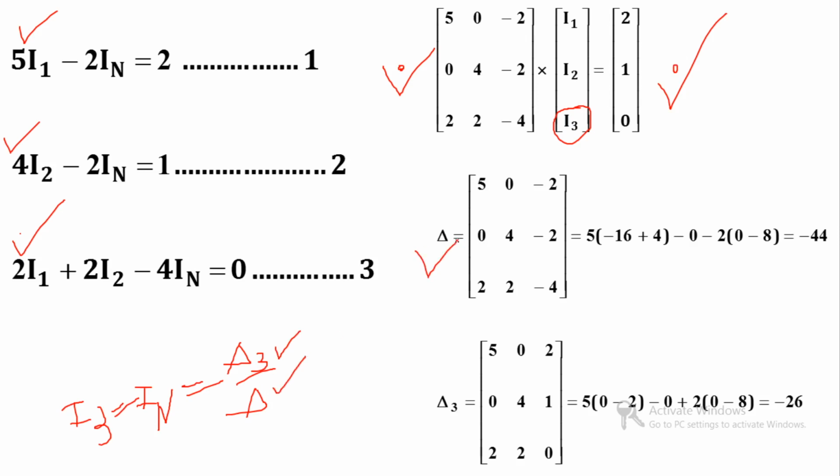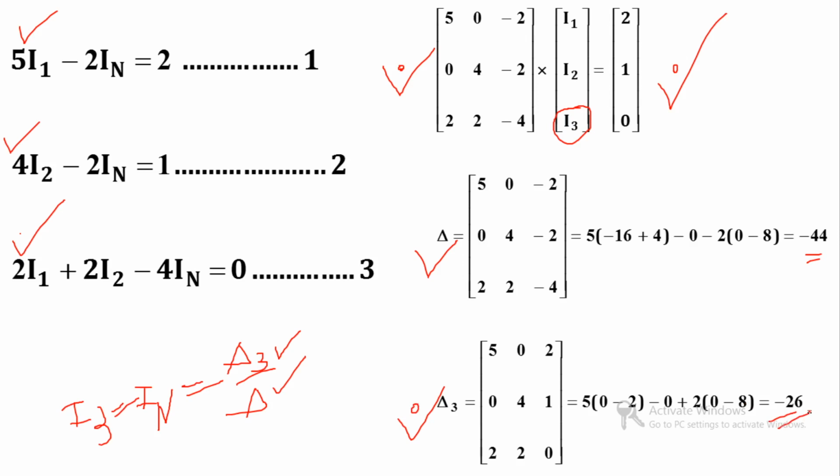So this is the value of delta. After simplifying this, I will get delta equal to minus 44, and this is the formation of delta 3, and delta 3 is equal to minus 26.